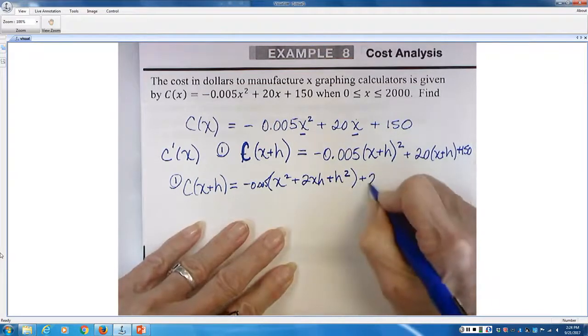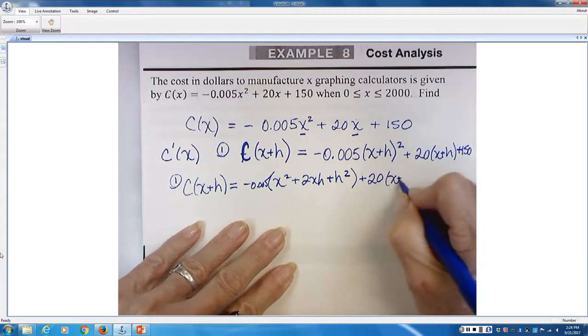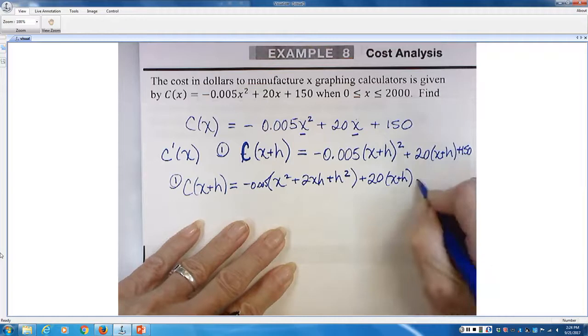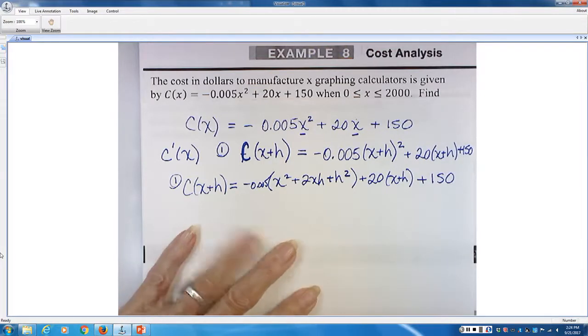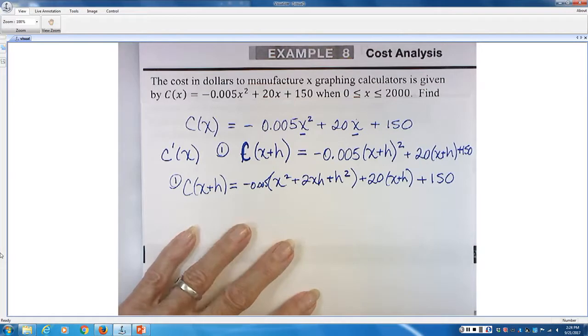And then I'm going to multiply 20 times X plus H. And then I'm going to add 150 to the whole thing. Since you kind of know it's going to end up being in parentheses X squared plus 2XH plus H squared, could you skip that step? Can you go ahead and skip to that? Yeah.